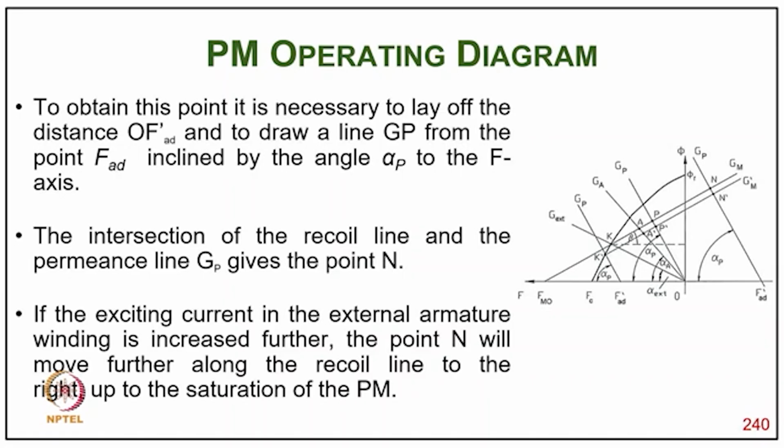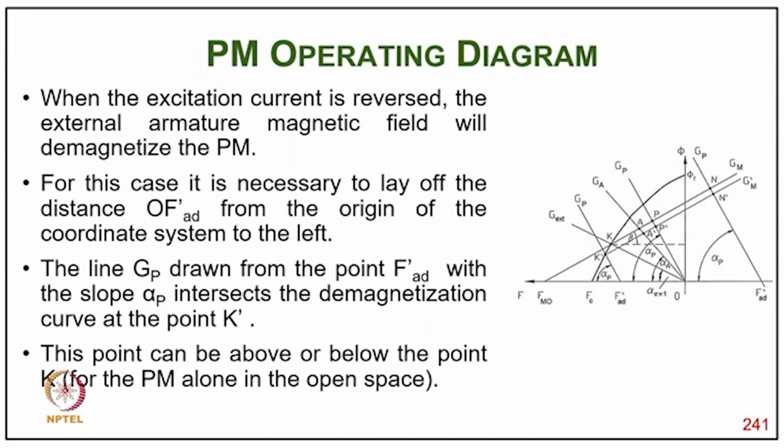and the permeance line gives the operating point N, and if the exciting current in the external armature winding is increased further, the point N will move further along the recoil line to the right up to the saturation of the permanent magnet. So, when the excitation current is reversed, the external armature magnetic field will demagnetize the magnet.